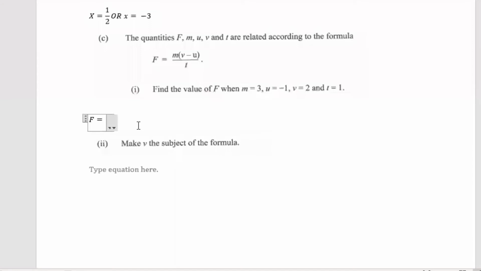So what we have is the value for M is 3, and then in bracket what we have is V minus U, which is 2 minus -1.